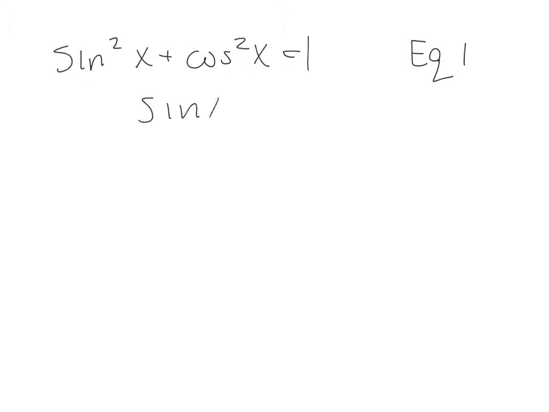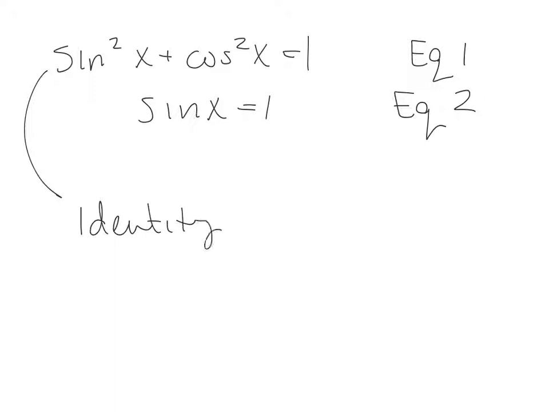We have sine squared x plus cosine squared x equals 1. That's one kind of equation. And then we have sine x equals 1, another equation. Equation 1 is an identity because it is true for all real values of x.